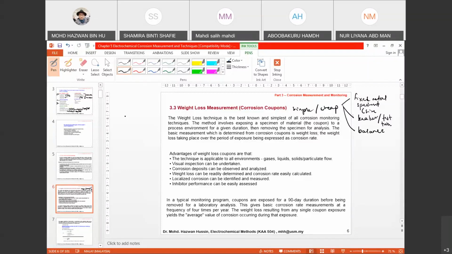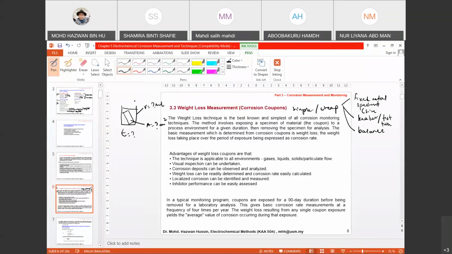So the technique is actually very simple. You just need to put a known or fixed area of plate into a container, and the container determines the volume and everything. The volume is known, how many mLs. You can also have the area in centimeter square, and the duration, the time, is also known.